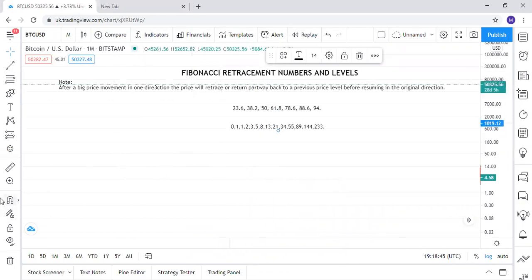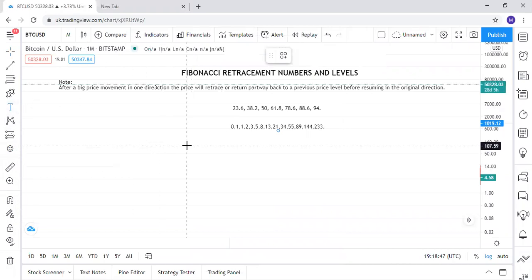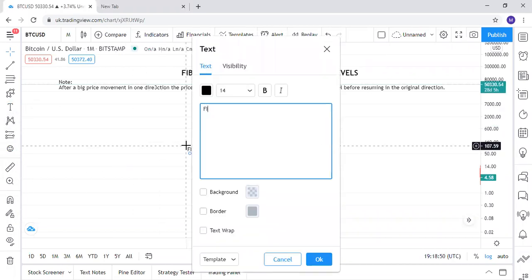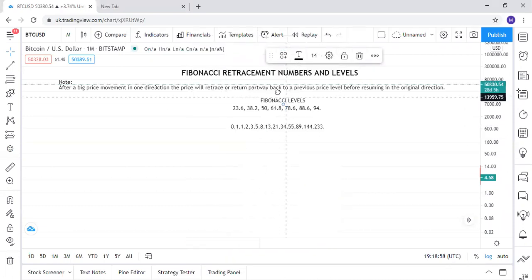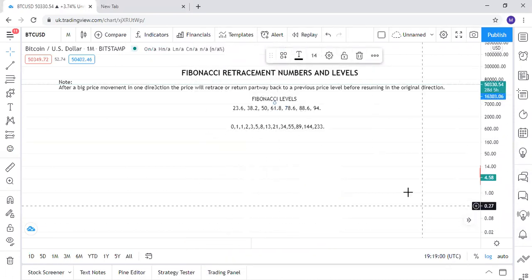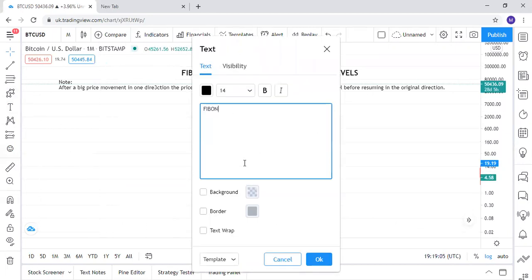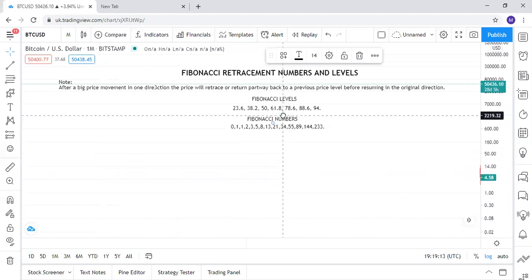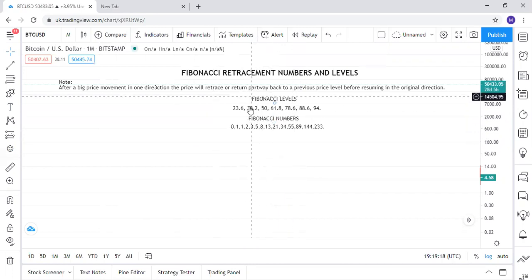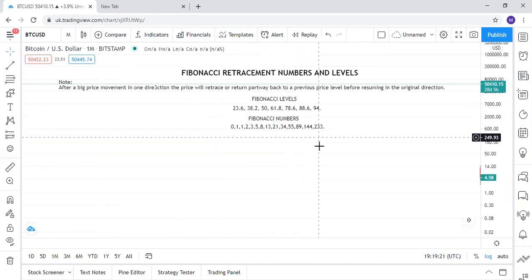So let me write them down so that you can spot them. So these are Fibonacci levels, and these are Fibonacci numbers. Now these Fibonacci levels are gotten from this Fibonacci sequence.